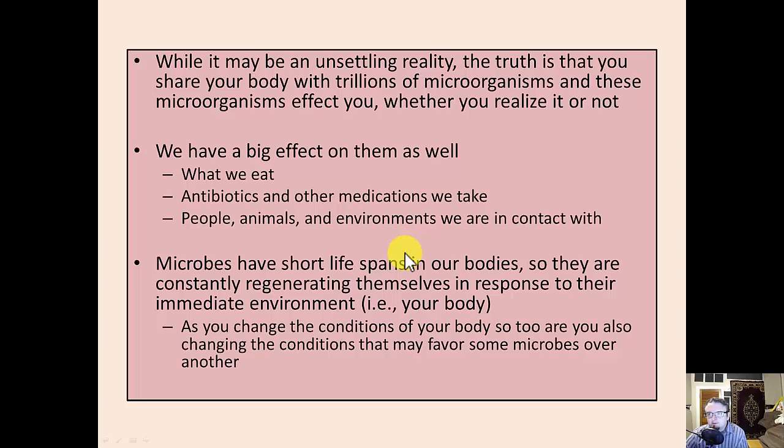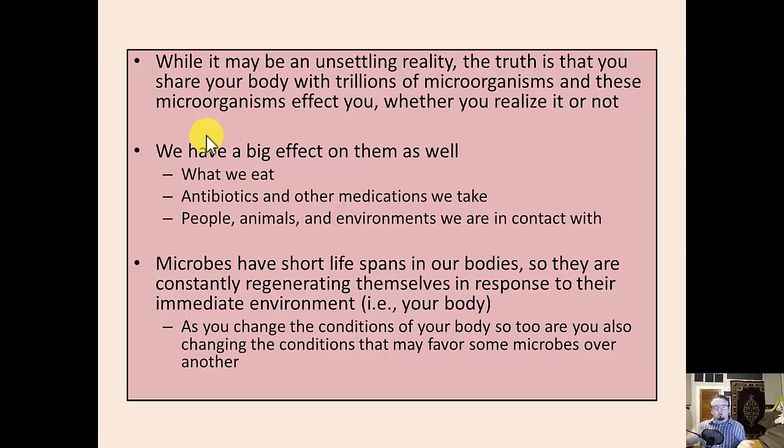So what that means is that they are going to be impacted in a very short-term way. The types of food you eat, for example, as I mentioned, will upregulate one species and potentially downregulate another species. If you're eating lots of sugar and very little fiber, research shows that you're going to upregulate one set of species and downregulate another set of species.